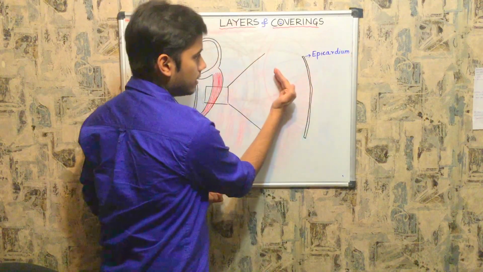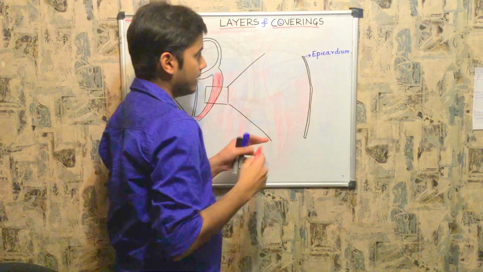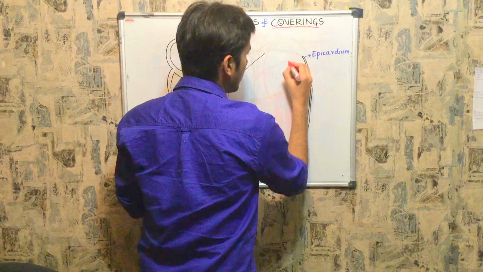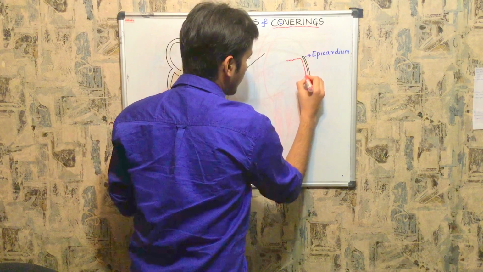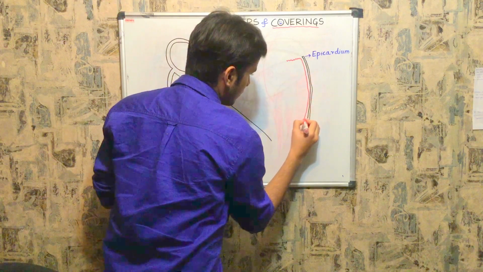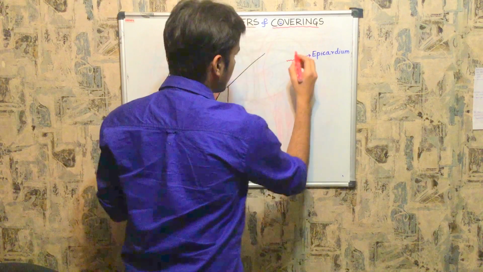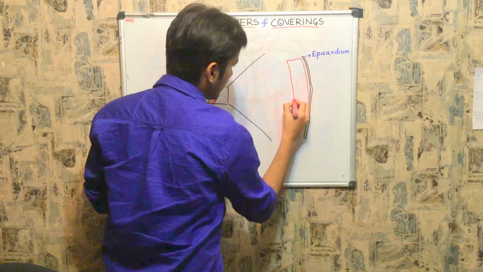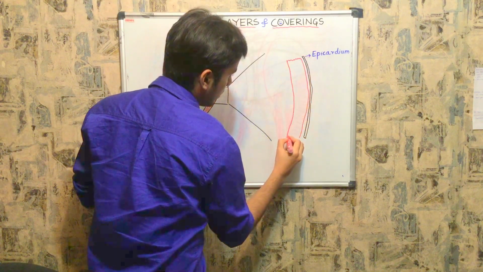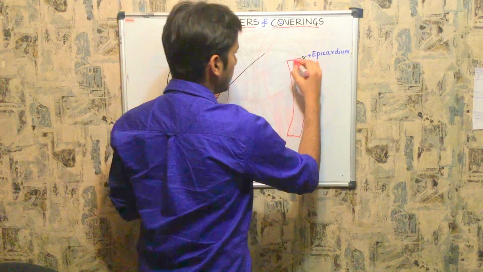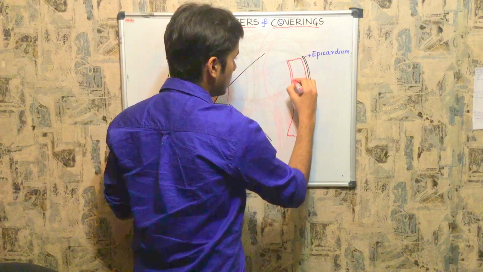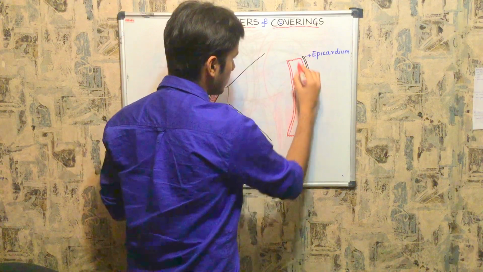And just below the epicardium, you find the larger part called as myocardium. This is your myocardium. Myocardium is also called as the muscle of the heart, right? Epicardium is very thin and myocardium is very thick.